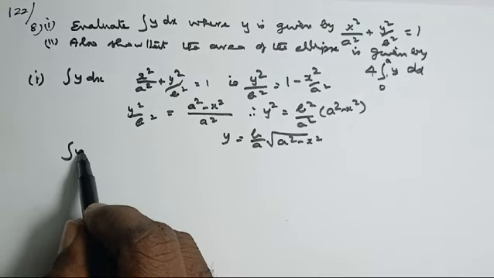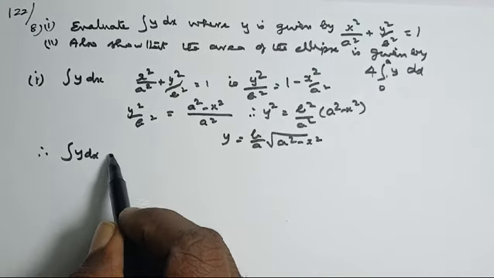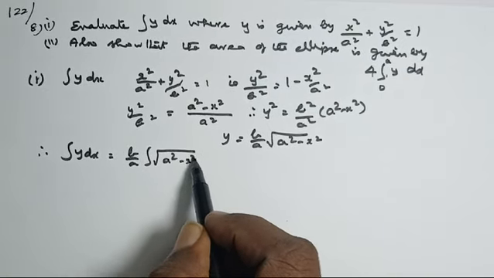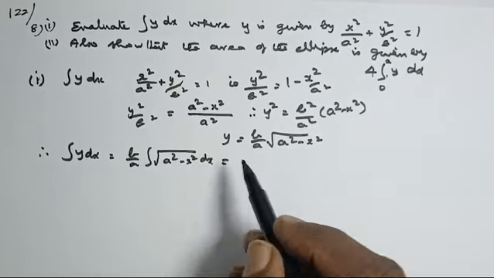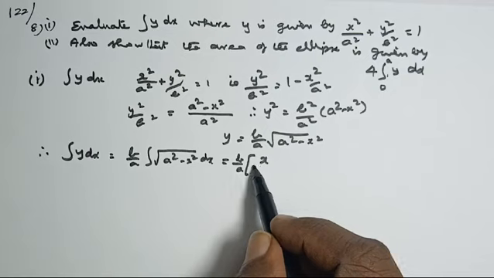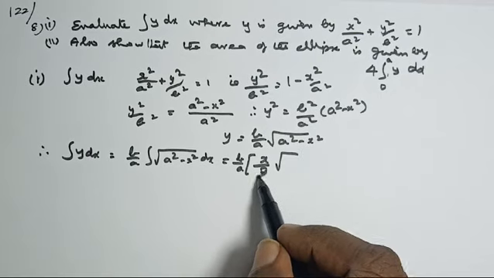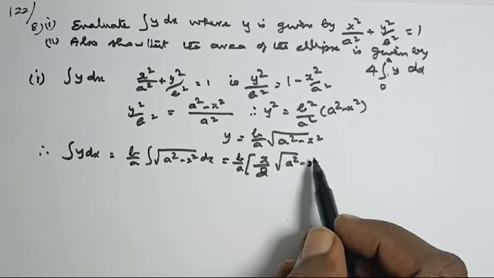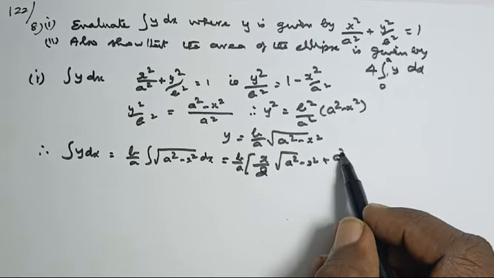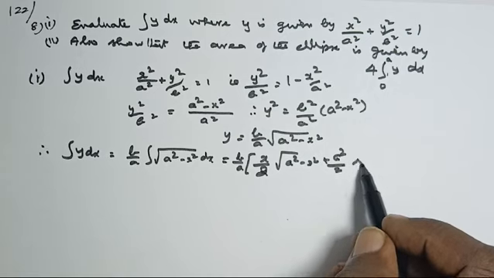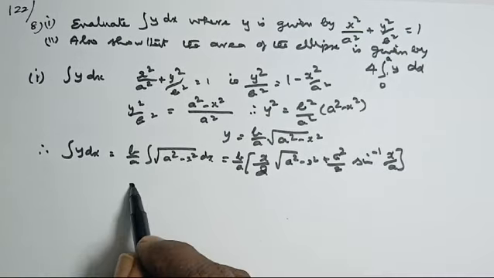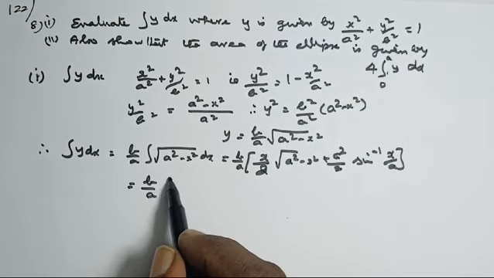Therefore, integral y dx equal to b by a integral root of a squared minus x squared dx. It's a standard formula. Say b by a, x by 2 root of a squared minus x squared plus a squared by 2 sin inverse x by a.